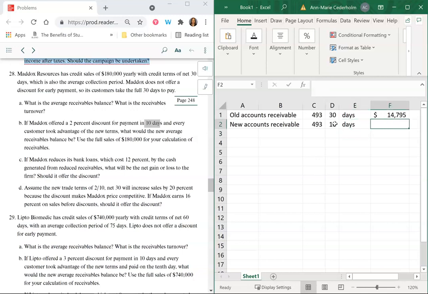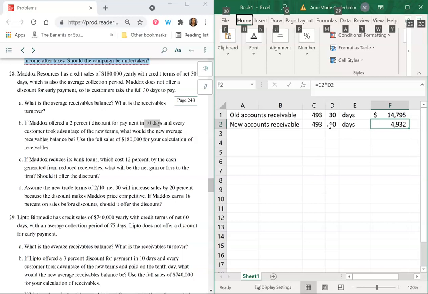So my new accounts receivable should be $493 times 10 days. So instead of having $14,795 in accounts receivable, if I give the discount and all the customers pay me early, I'd only have $4,932.